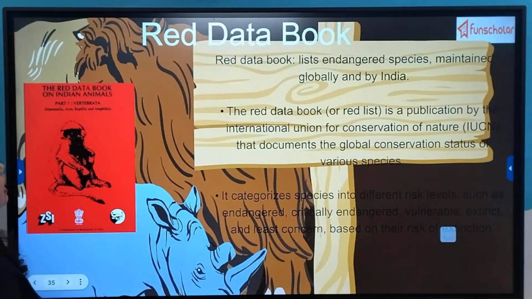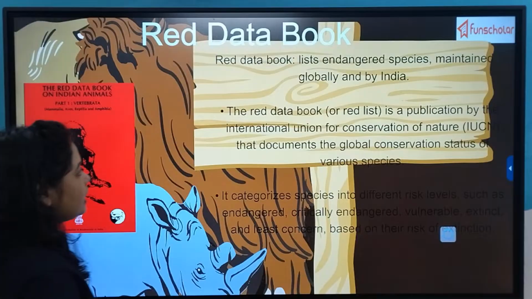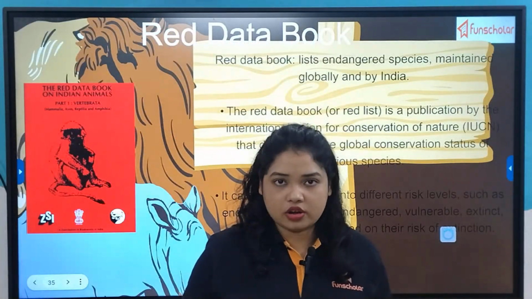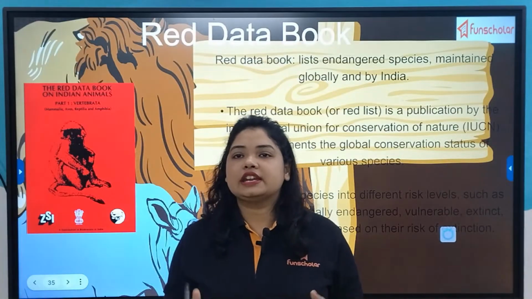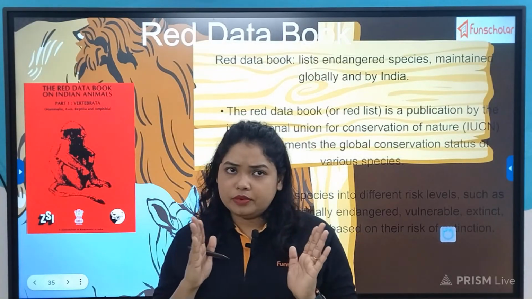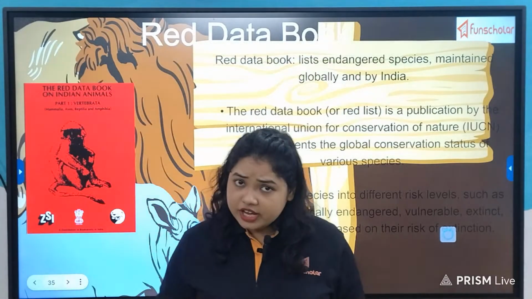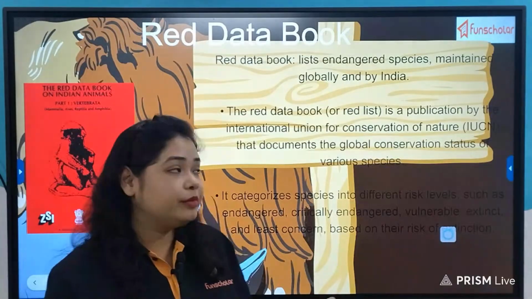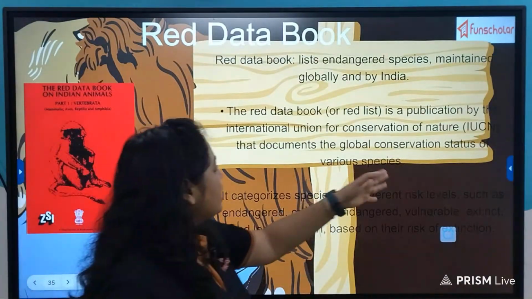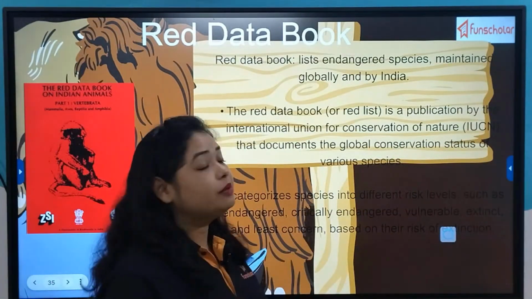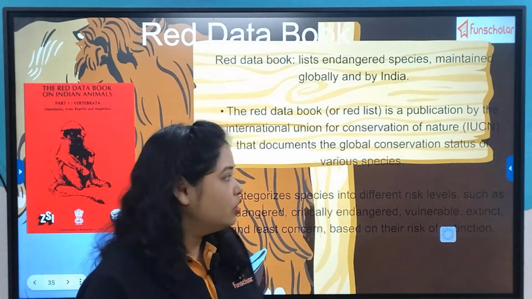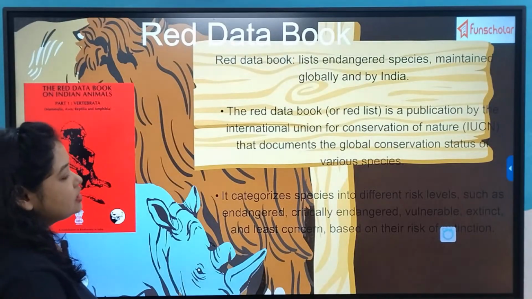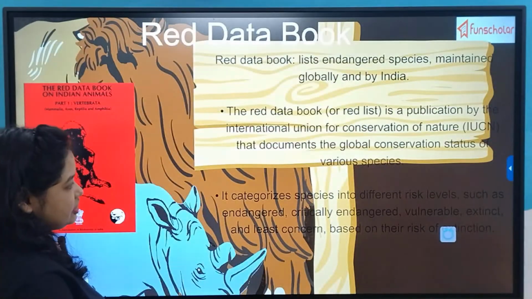Coming to the red data book. The red data book is the list, or the record, which is maintained. It can be region wise, it can be country wise, but majorly it is maintained by IUCN, a wing of UNO. IUCN stands for International Union for Conservation of Nature.